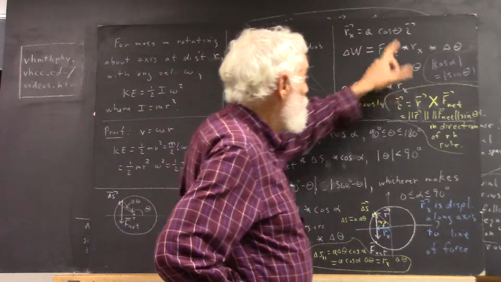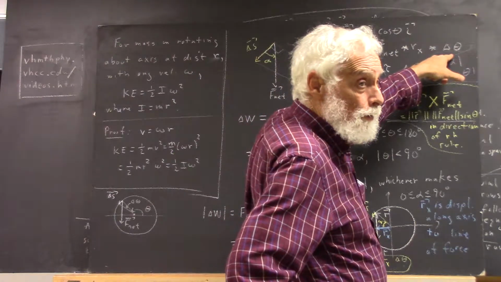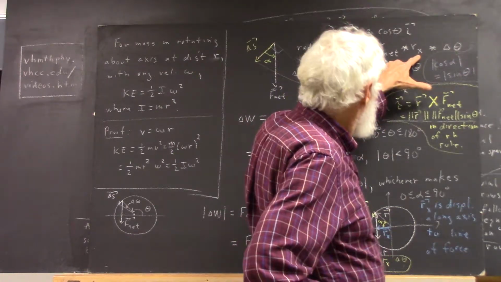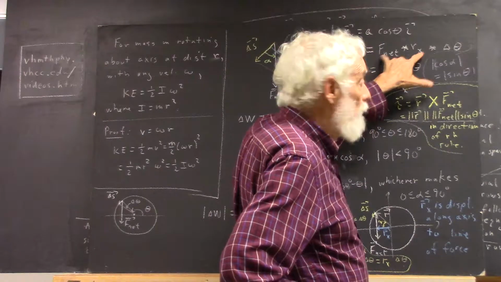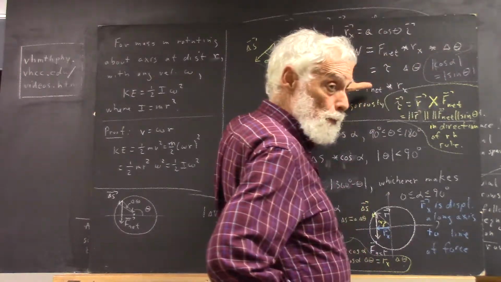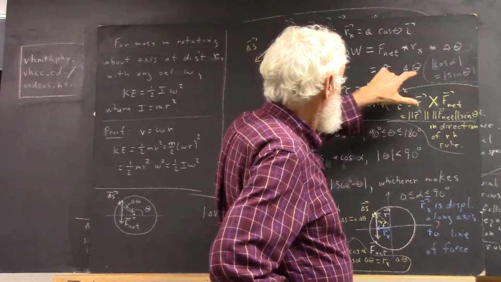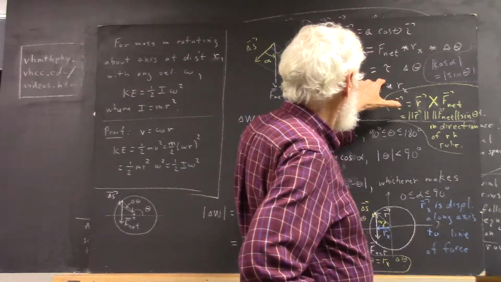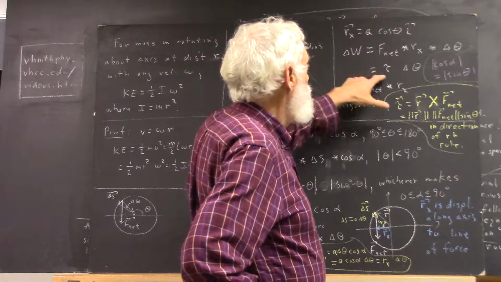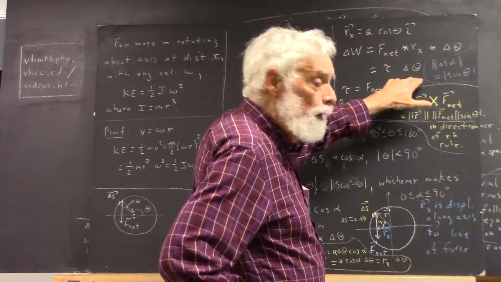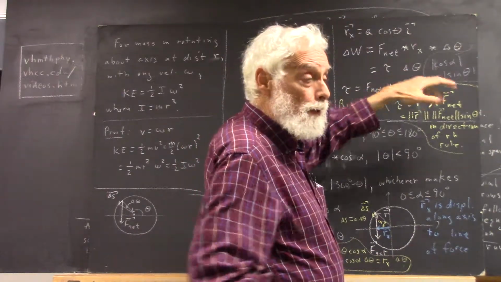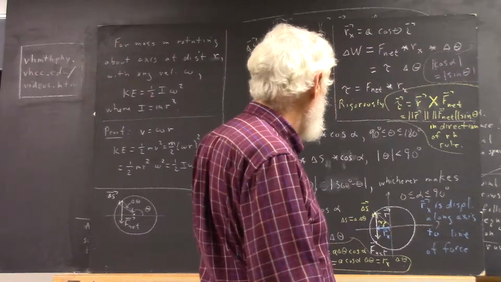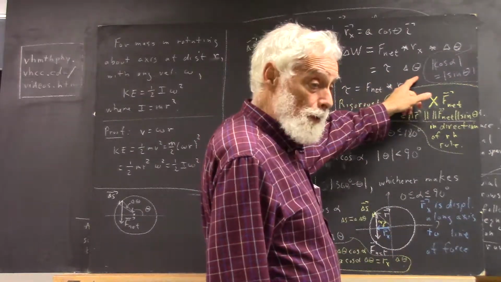In this situation, for rotation, this is your angular displacement, and this F net Rx is what you multiply by your angular displacement to get the work. And in this case, we're going to call this F net times Rx tau, and now we have the contribution of the work due to an angular displacement delta theta is tau times delta theta.